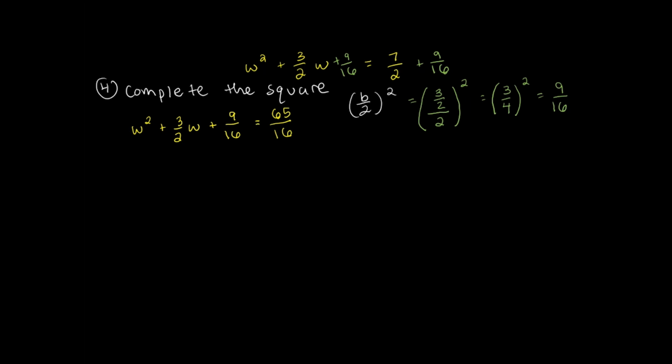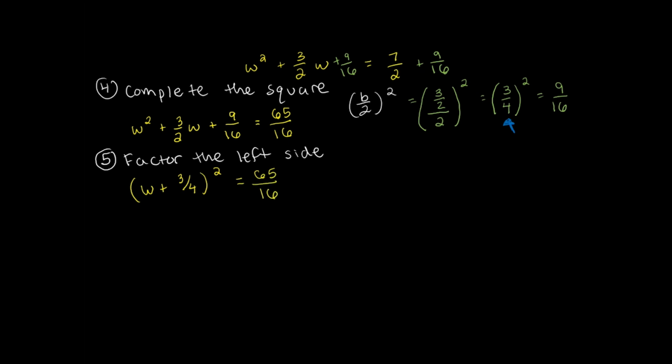So step 5 is to factor the left side. And the nice thing is that whatever is going to be in our parentheses when we factor this, we already found that number. It's going to be 3/4 right here. So we're going to get W plus 3/4 because that's positive, and then that whole thing is squared, and it's going to be equal to 65/16.